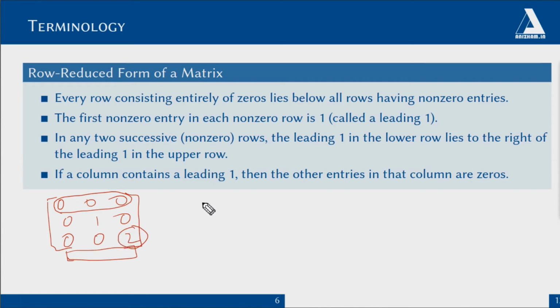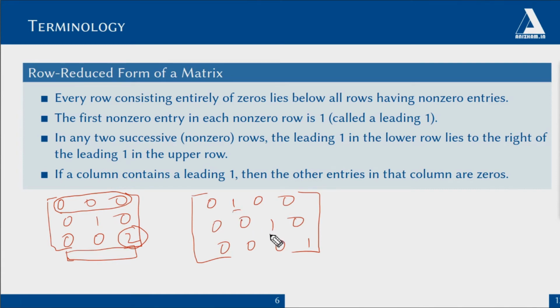Now let me try something different. 0 1 0 0, 0 0 1 0, 0 0 0 1. What about this matrix? There are no rows with all zero elements, and the first non-zero entry in each non-zero row is 1.